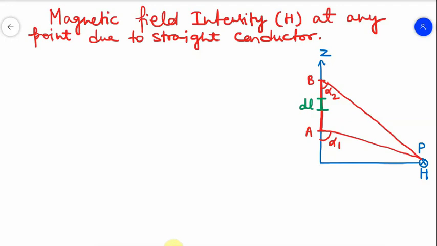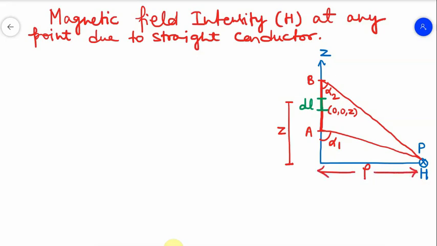Now let us suppose the coordinate of this point as (0, 0, z). So it means that this height is z, and this one is your rho.